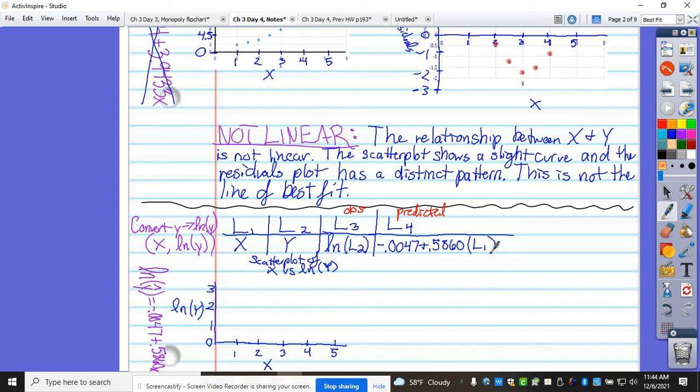And what am I going to put? My word for list 5 is going to be what? Residuals. And how do I find, what am I going to type in list 5?